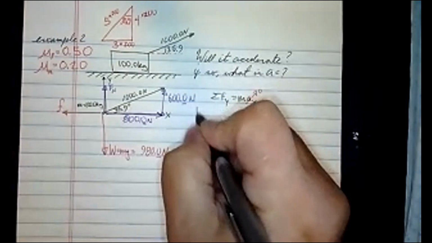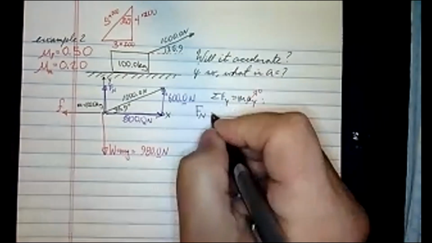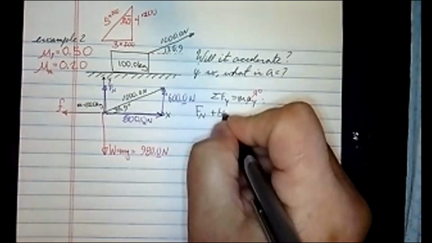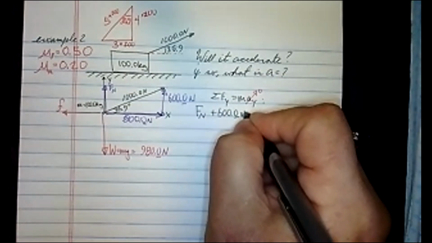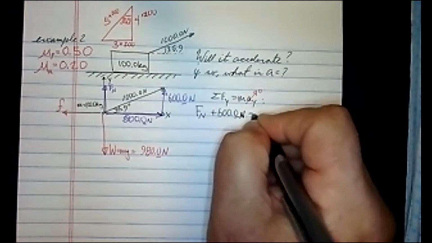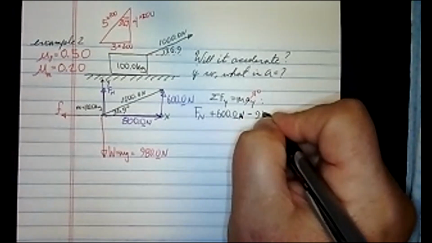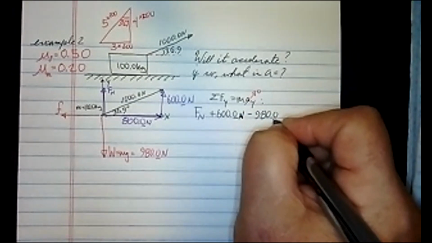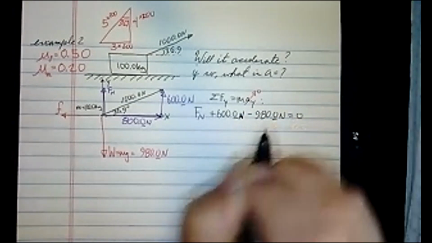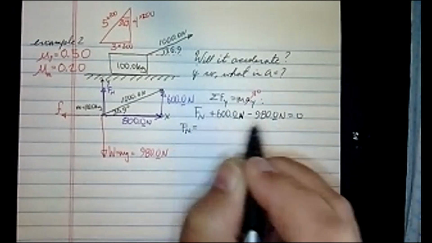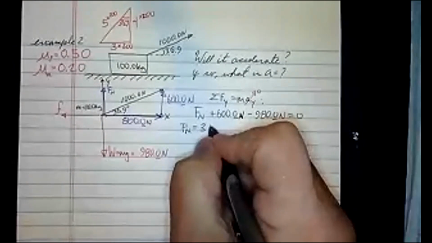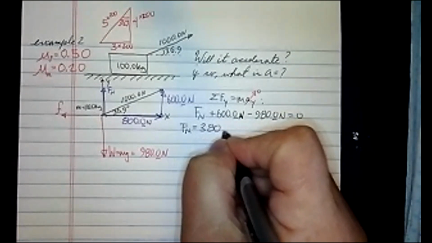So I'm going to say Fn plus 600.0 newtons minus 980.0 newtons is equal to 0. That gives me the Fn is equal to 380.0 newtons.